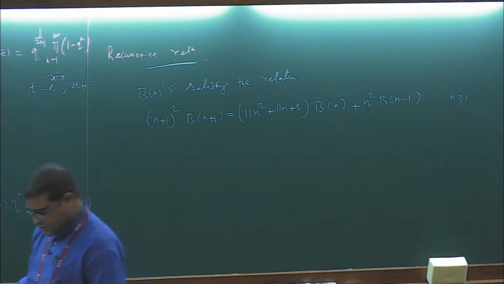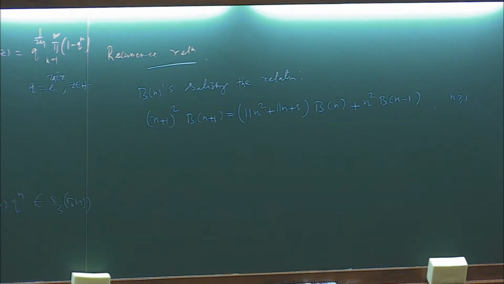This was shown, again, by Apery in his paper. And if you take the generating function, namely the sum of B_n x^n, it satisfies some differential equation, but I'm not going into the differential equations, we are just looking at the recurrence relations.